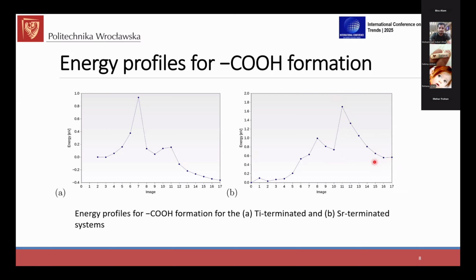So in short, from these results, we can conclude that the TiO2 terminating promotes both kinetically and thermodynamically stable and favorable carbon-oxygen bonding formation, whereas the SrO terminating strongly suppresses this step. This comparison provides evidence that a much higher overpotential is required for the SrO based supported catalyst.